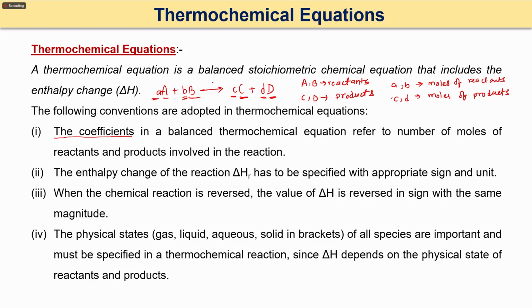Let's say delta HR is the enthalpy change of this reaction, and it has a value of 81.4 kilojoule per mole.